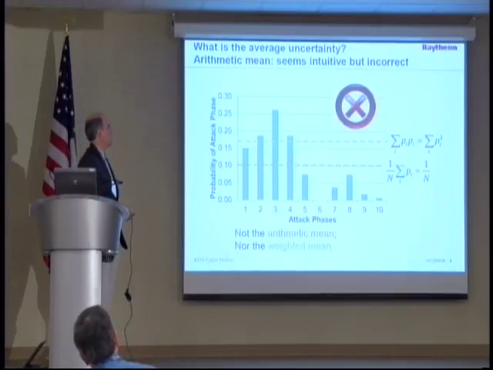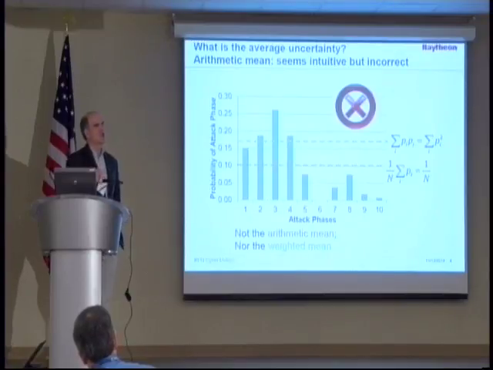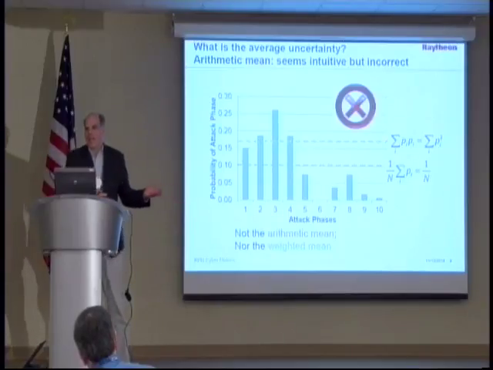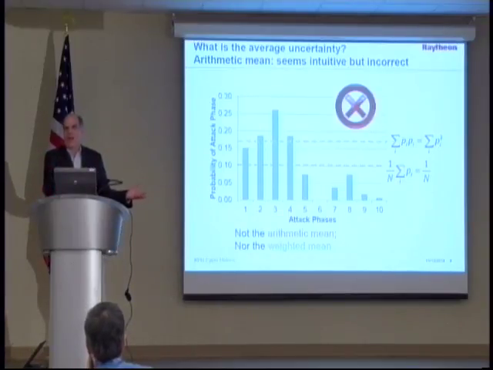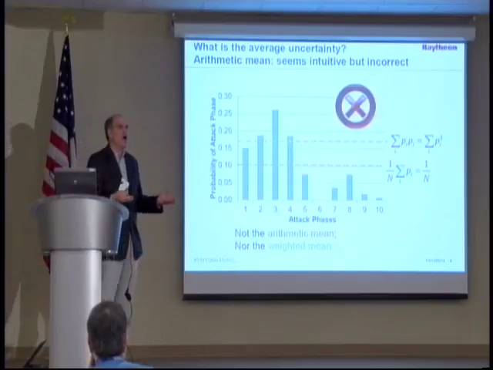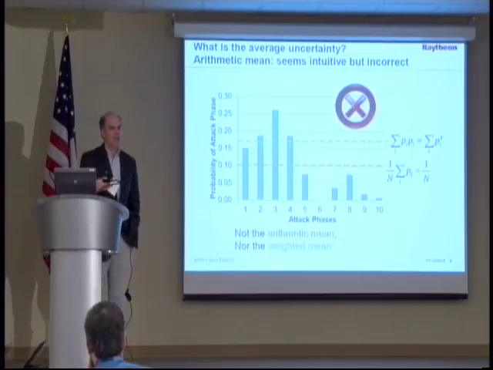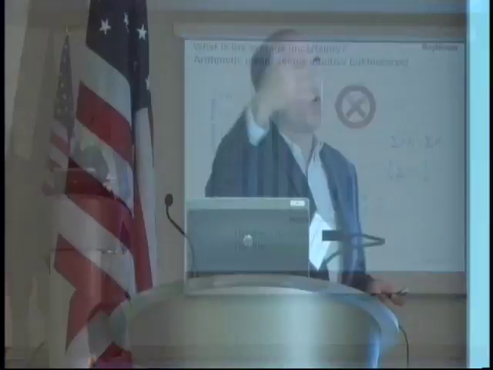This expression here, where we multiply it by the probability also, is extremely common. I could cite brilliant people in quantum mechanics who use this, but it also turns out to be not accurate. In particular, what you end up with here is really more like the probability of an event happening twice, and it could be any one of the events. But this turns out not to be the average uncertainty of this situation.